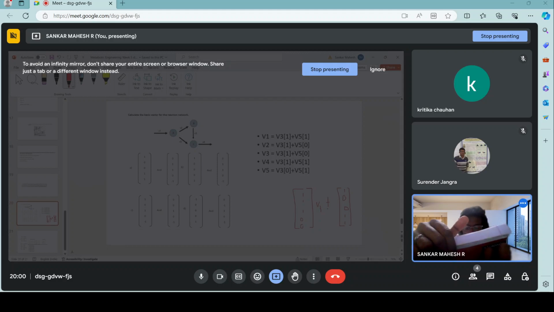So when we are drawing, this can be known as basis vector B1 and this as basis vector B2. Now B1, they are saying it is all positive.